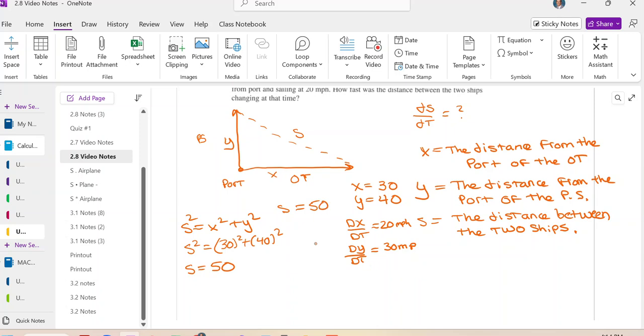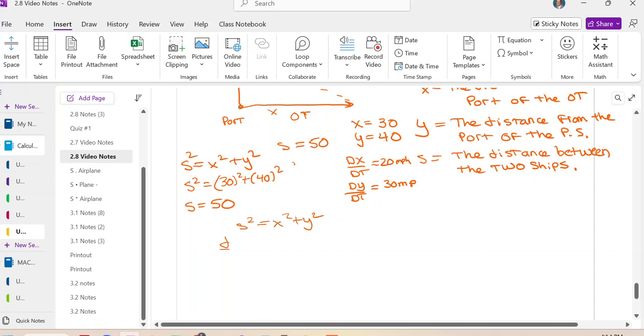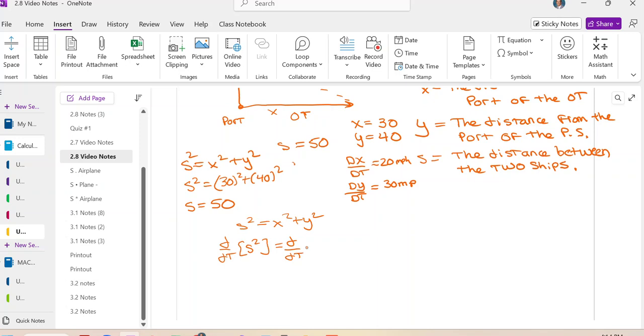Now to find ds/dt, because that's what we're trying to find, we're going to take the derivative of the Pythagorean theorem with respect to time. So we get 2s ds/dt equals 2x dx/dt plus 2y dy/dt.